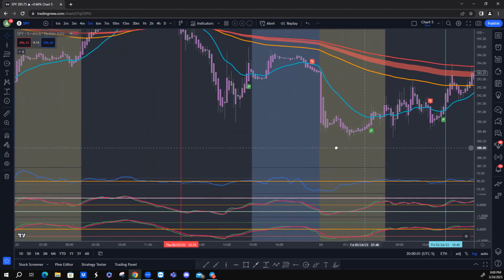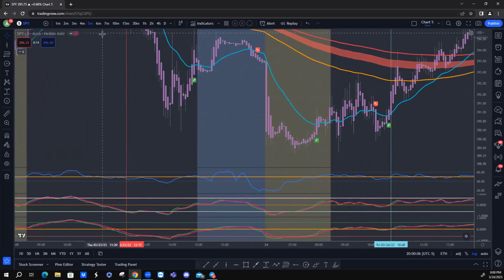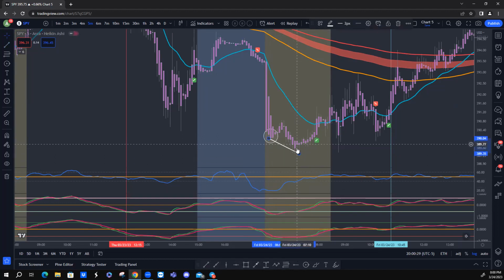Okay, so right here I'm on the 5-minute. This right here would be my first point. Then as I see price coming down, I can already see the divergence forming, because I see price going up.